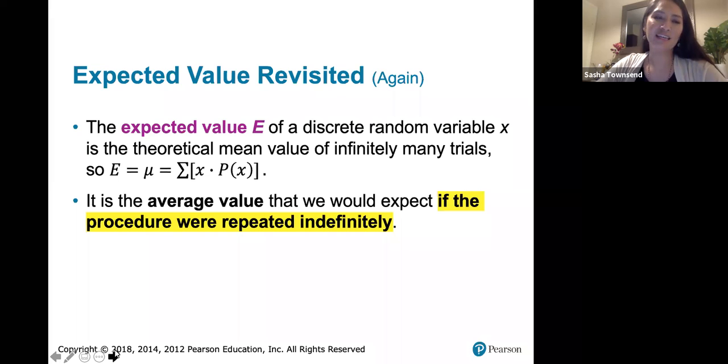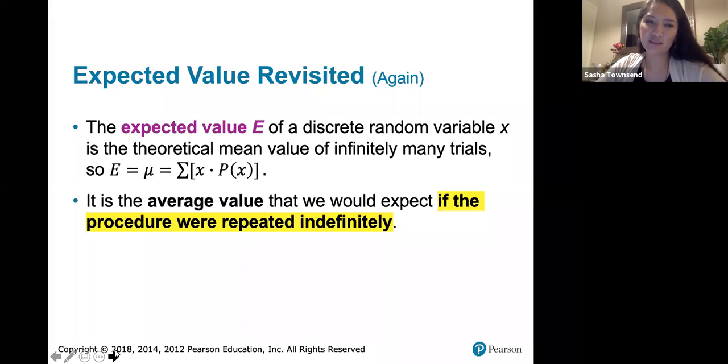Another way to put this is that you can't actually repeat that procedure indefinitely, but if you repeated it many times, so the number of trials was very, very large, and then you calculated the average amount you lost or won per bet, that average for the sample is going to get closer and closer to the average value we would expect if we were repeating the procedure indefinitely.